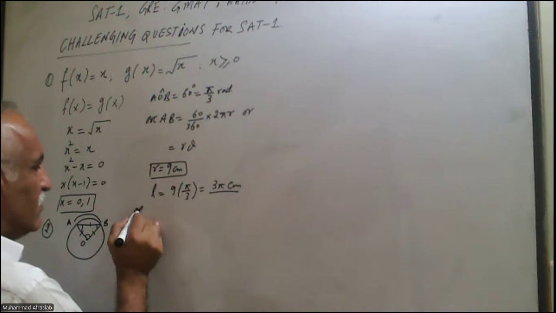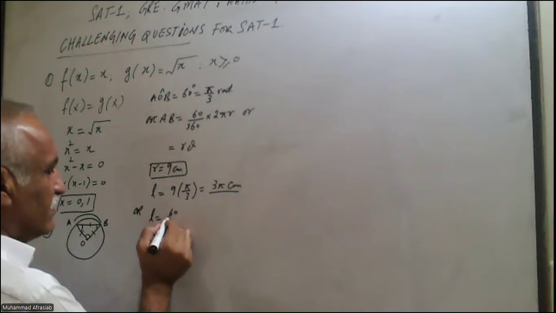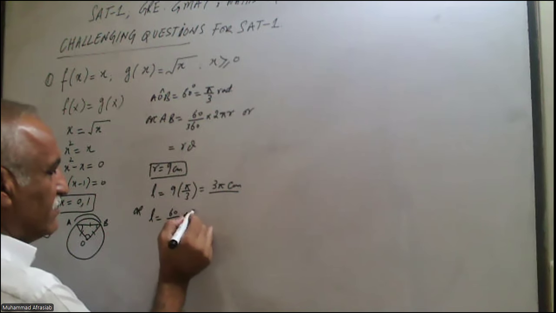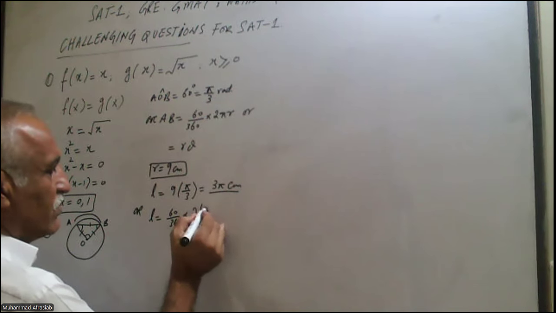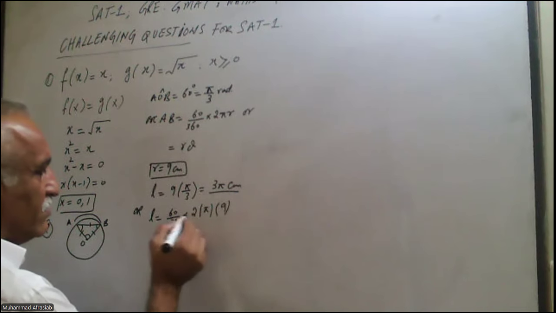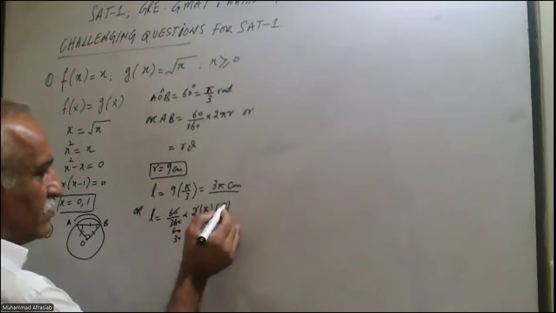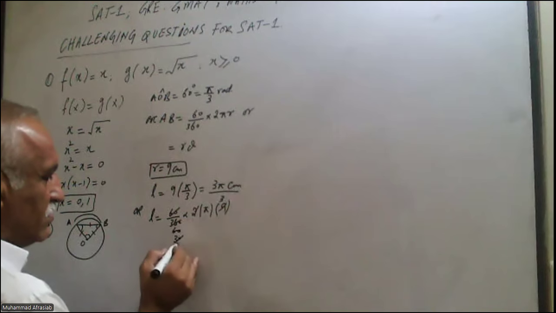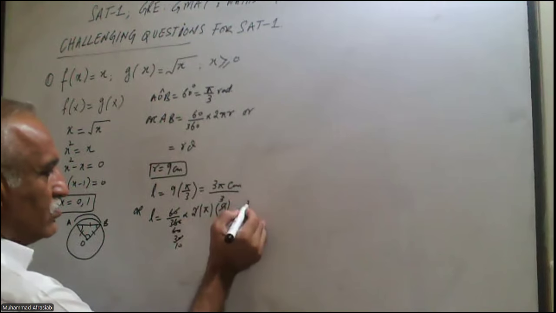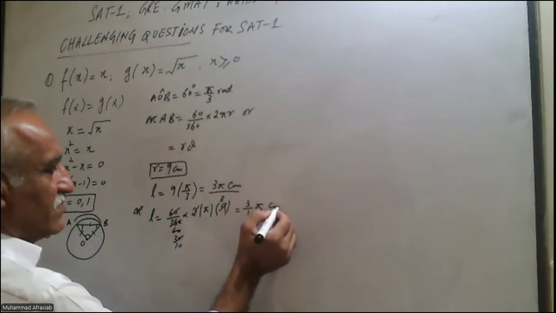In other words, the arc length will be equal to 60 upon 360 into 2 pi into r, where r is equal to 9. So that thing is equal to 3 pi centimeters.